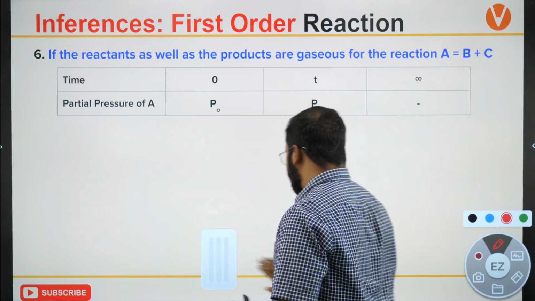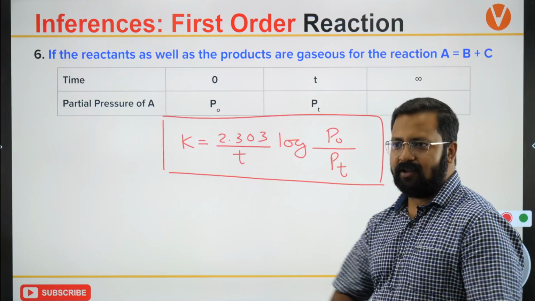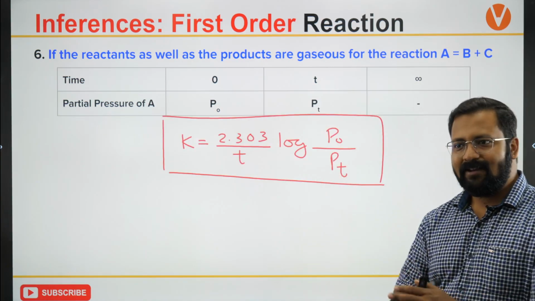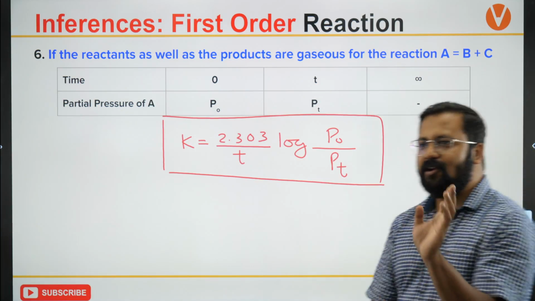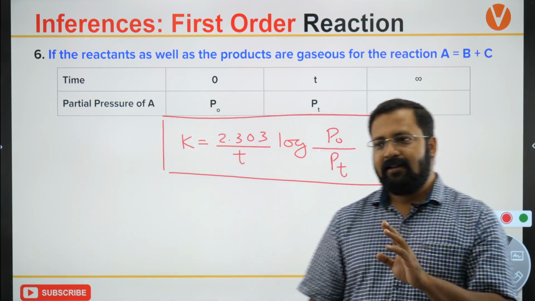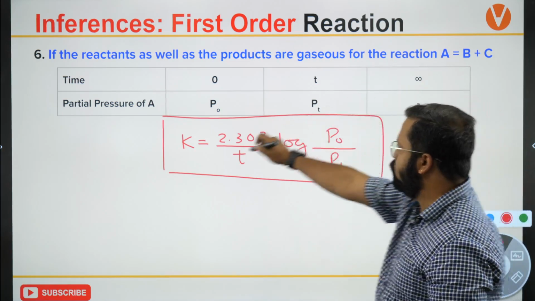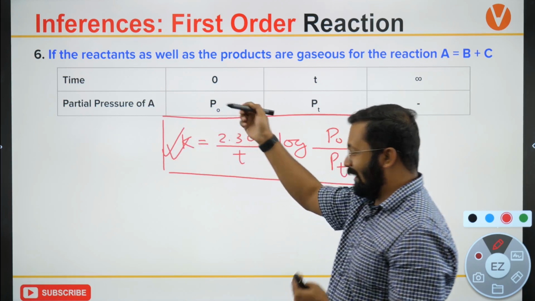There is no need to take anti-log over here. So this is the right expression. Simple expression. Preetham, you have made a small mistake. Is that clear?